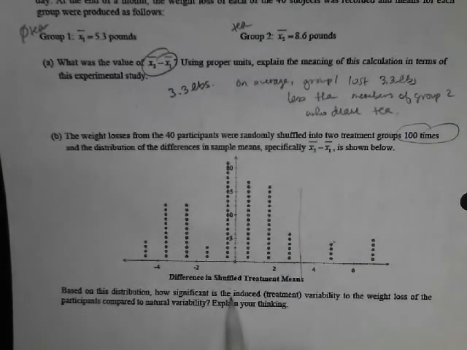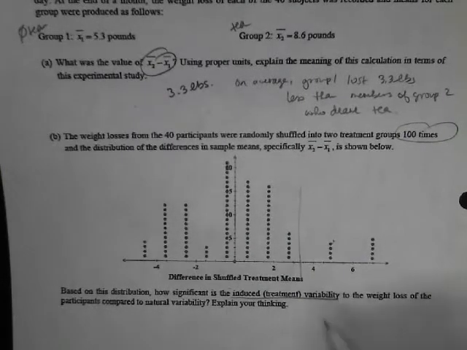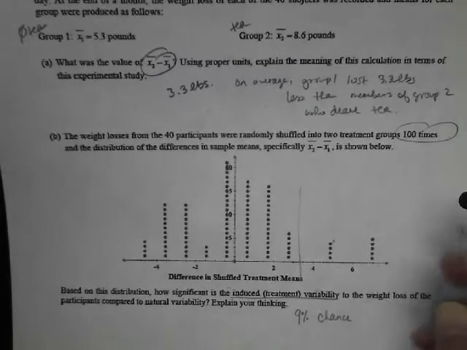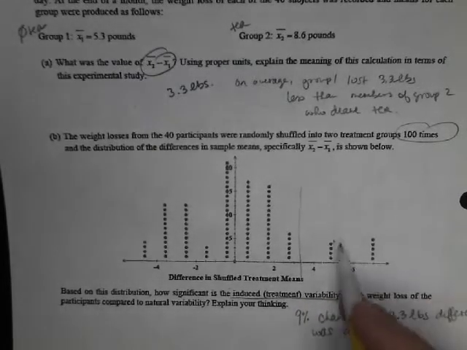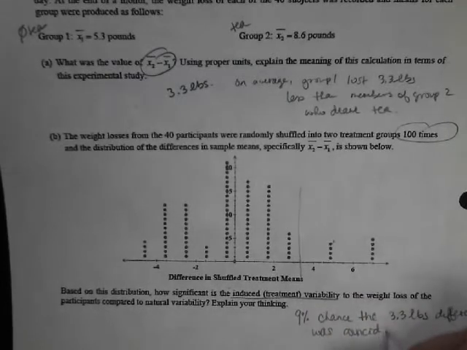So how significant is the induced treatment variability? So there's a 9% chance the 3.3 pound difference was coincidental. Because 9 out of 100 times it did happen that much or even more coincidentally.